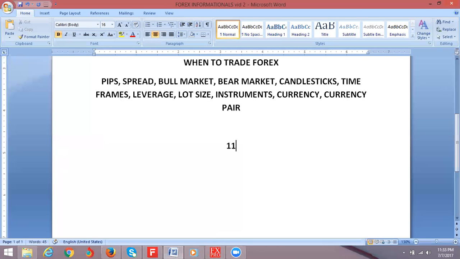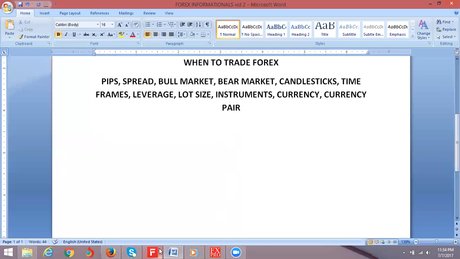If it goes up 10 pips, it becomes 113.99. If it goes down 10 pips, it becomes 113.79. So basically, 1 pip of the yen pair looks like this, and 1 pip of the Euro USD pair looks like this.